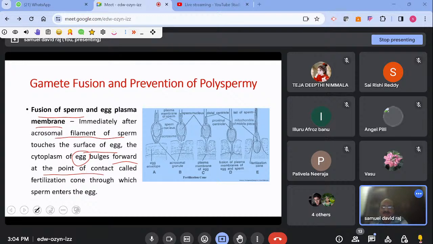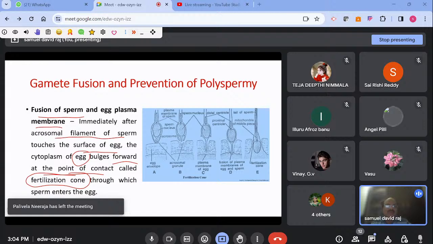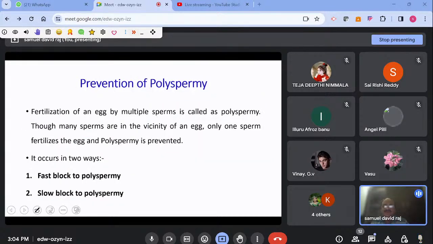At the point of contact, it develops into what we call a fertilization cone through which the sperm enters the egg. And polyspermy, that means entry of multiple sperms, is prevented in two ways.